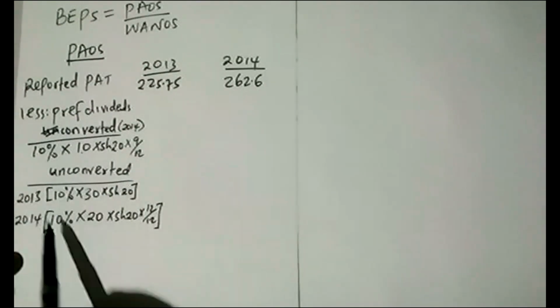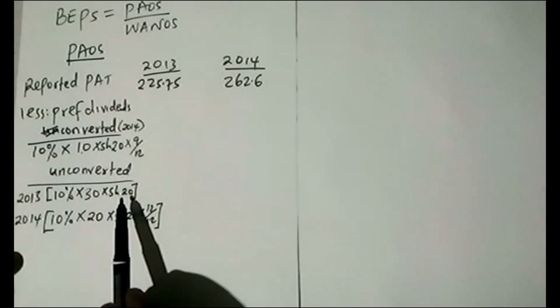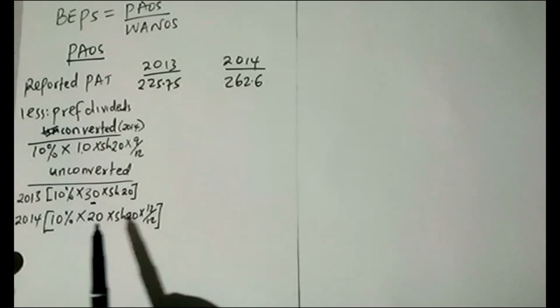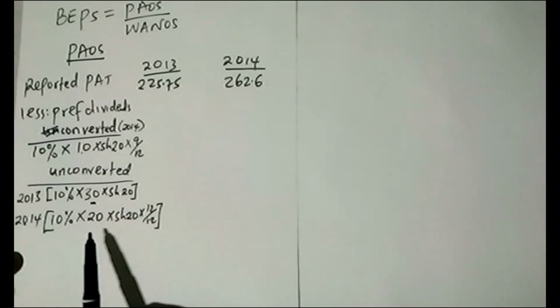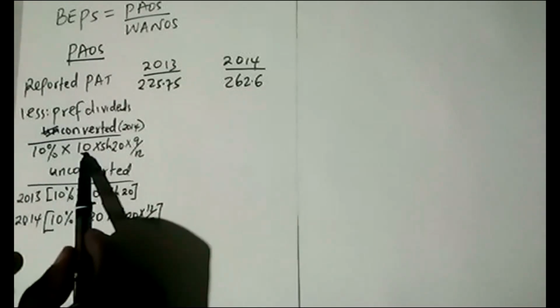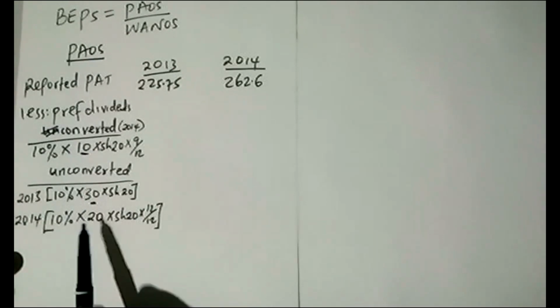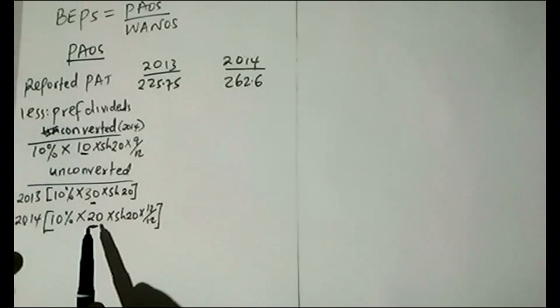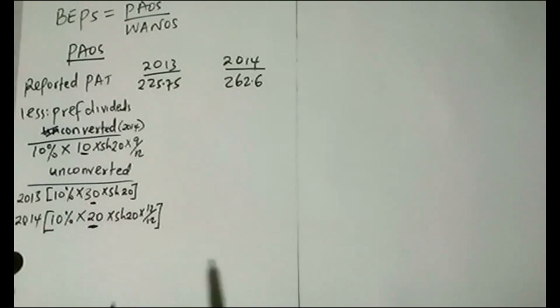Then when I come to unconverted, remember in 2013 there was no conversion. That is why I've considered the total security, the 30. Then for 2014, after they have converted 10, remember that what remained unconverted is the 20. So the 20 is just 30 minus 10.